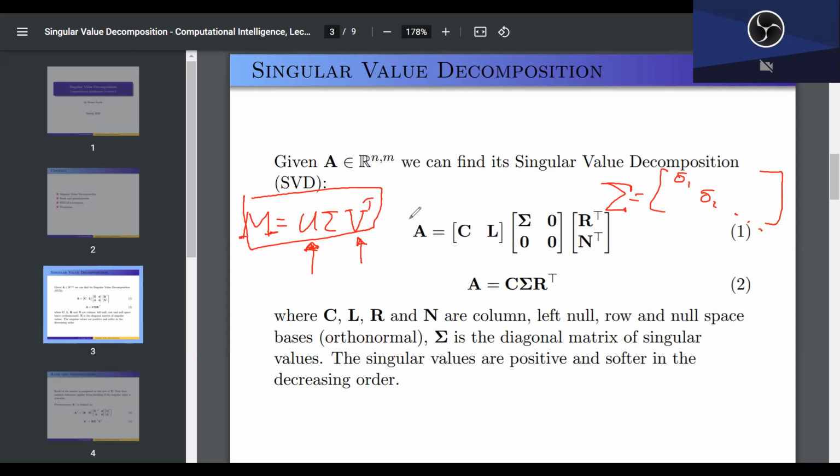Full SVD, this thing, where it will give you all of this information. And economical SVD, this type.